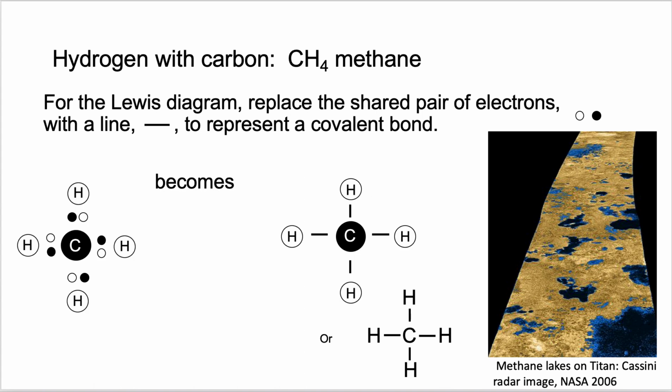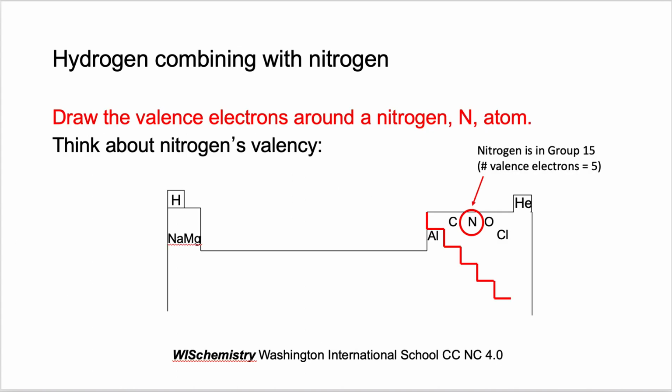And methane, in a lot of places, can bubble out of various parts of rotting vegetation in bogs and heavily waterlogged areas, and here are methane lakes on Titan, one of Saturn's moons.